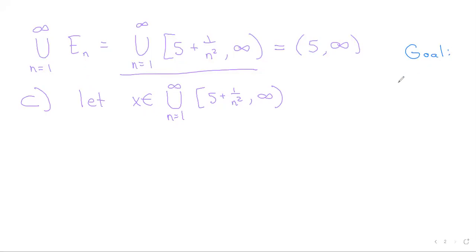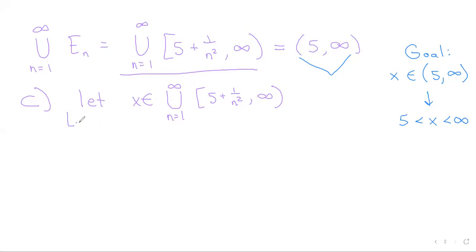Our goal will be to show that x exists in 5 to infinity, which is equivalent to 5 being less than x, not less than or equal to, because the 5 is not included. And that is about what we want to get to.